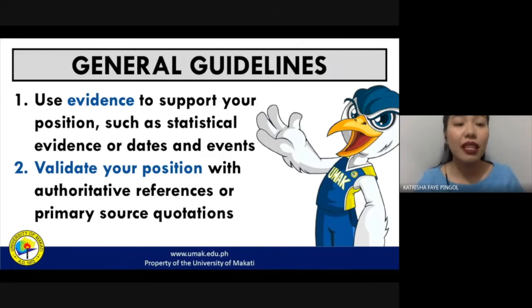That is basically what we mean by validating our own position. So you are trying to gather support not just from facts, not just from evidence, but also from other people who have discussed or who have basic knowledge, or primary knowledge rather, of the information that you are presenting.